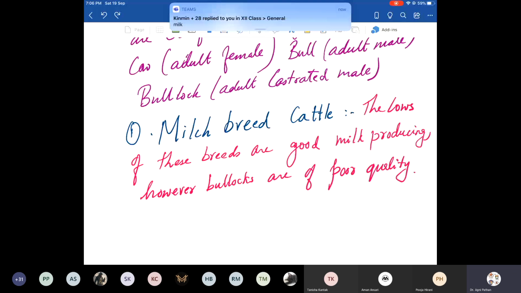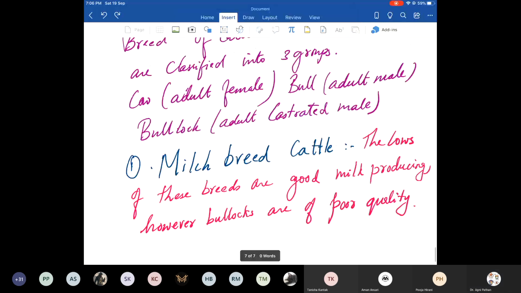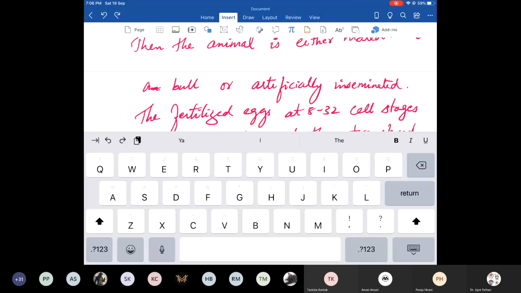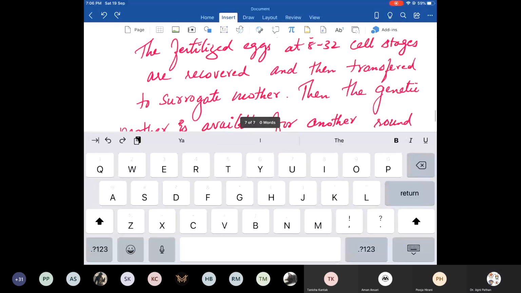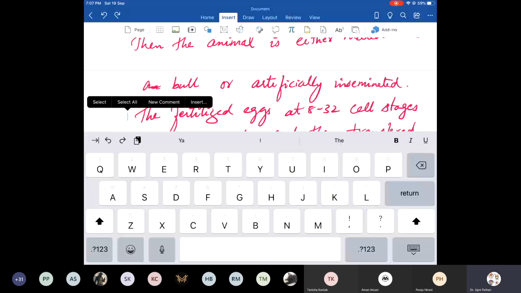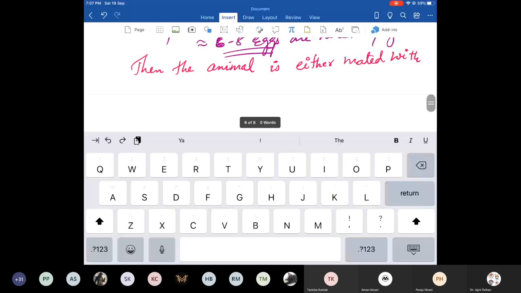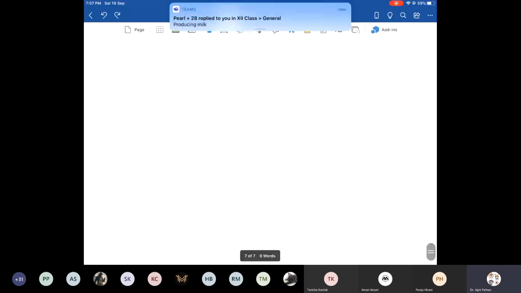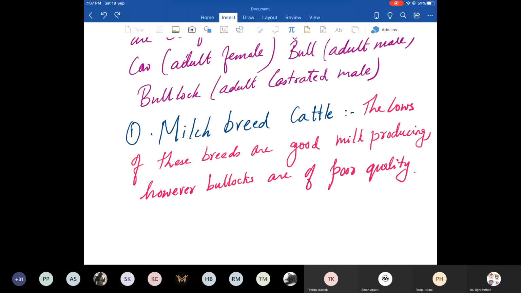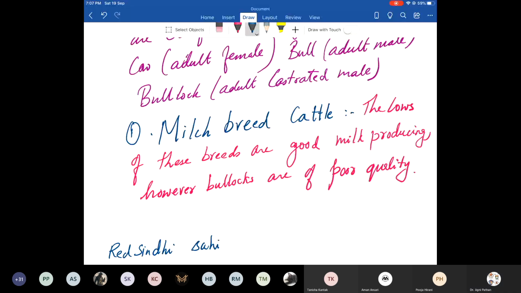So which are those? Let me write down. Red Sindhi, Sahiwal, Gir and Dioni.